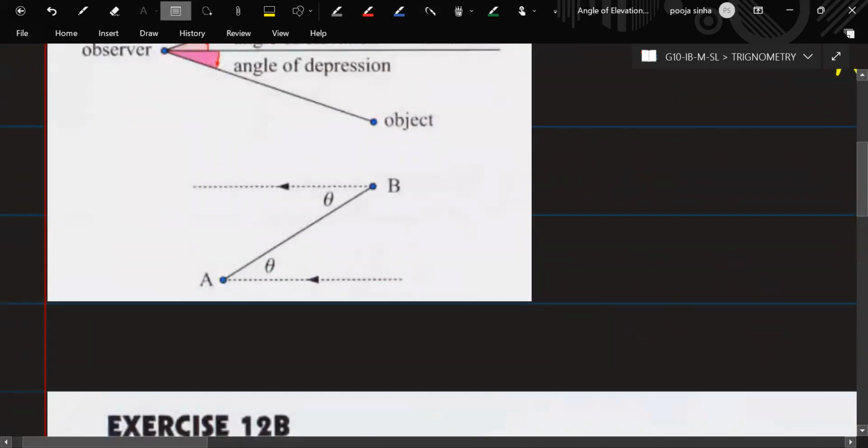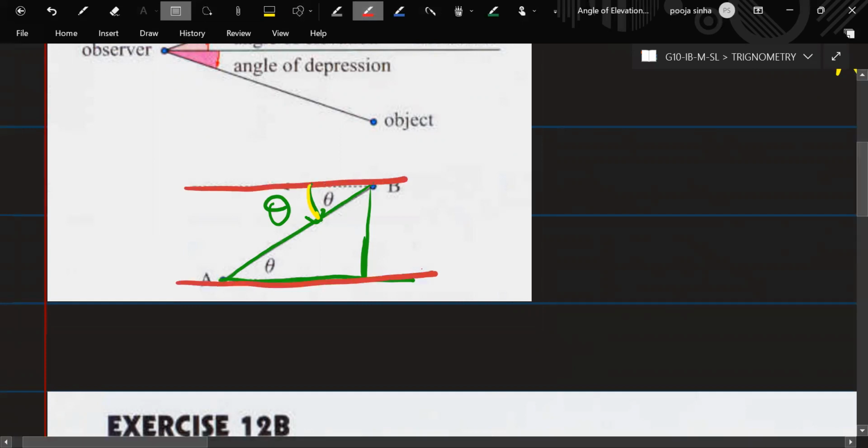Okay, now here I want to tell a very important concept. Suppose you're talking about angle of depression and your angle of depression is like this. Here, this is theta. But whenever we make a triangle, we need this triangle. Now you know that these two sides are going to be parallel to each other.